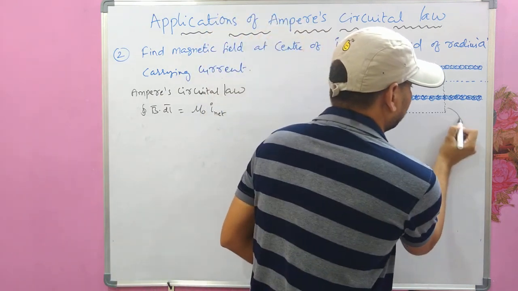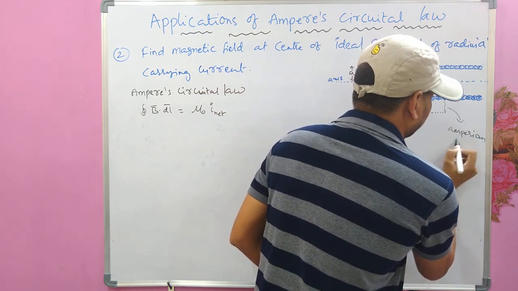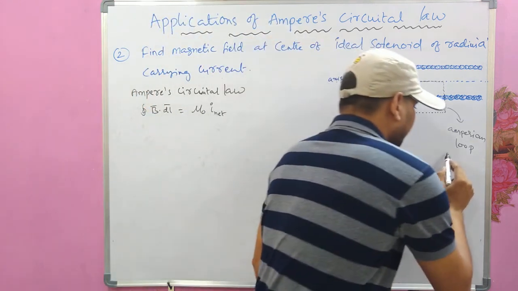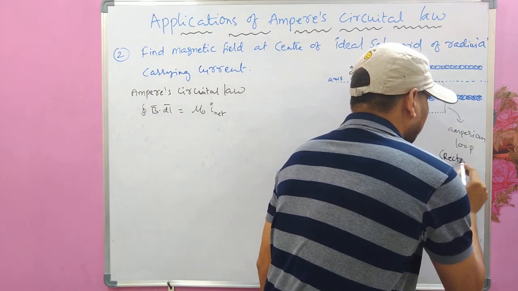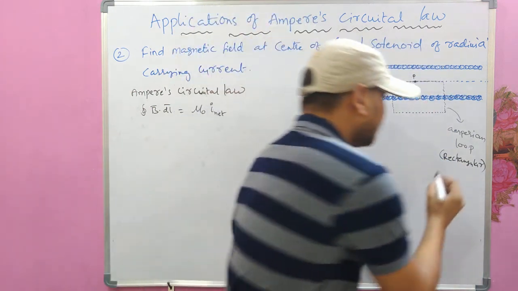This is the Amperian loop, rectangular in shape.